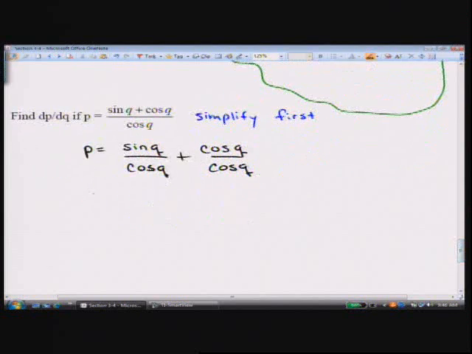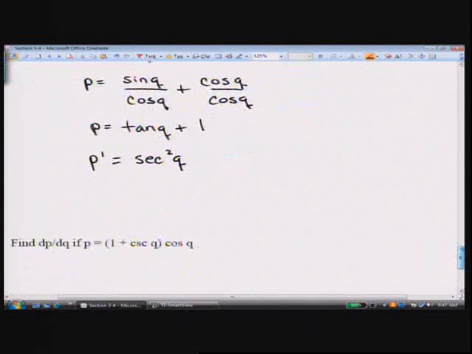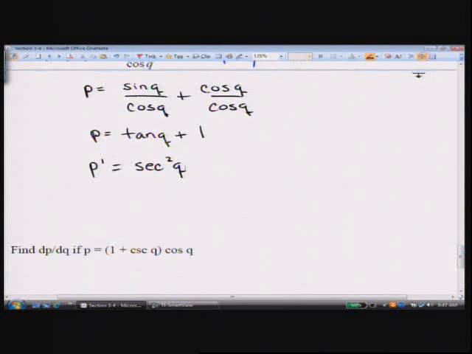I haven't taken a derivative yet, but sine q over cosine q is tangent q, and cosine q over cosine q is 1. Y'all with me? So the derivative, p prime, the derivative of the tangent is just secant squared, and the derivative of 1 is 0. Okay? So there you go for that one.